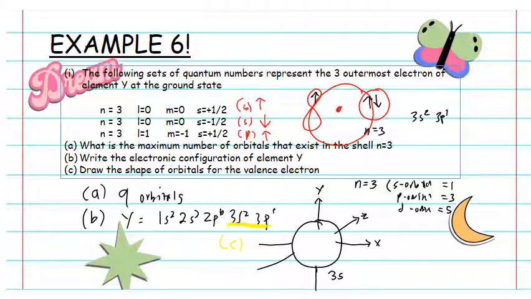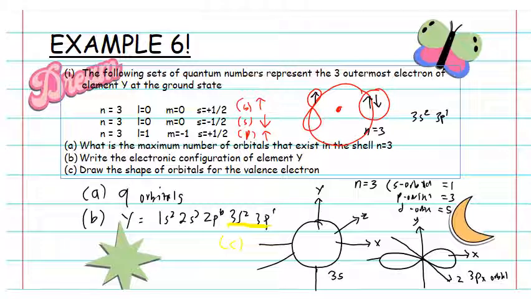Okay, I nak draw shape dia duduk pada px. Sekejap I lukis dahulu macam ni. Okay, ni my X, and then this is my Y, and then this is my Z. Okay, that is my 3px orbital. This one is 3s. Jangan lupa label you punya orbital.